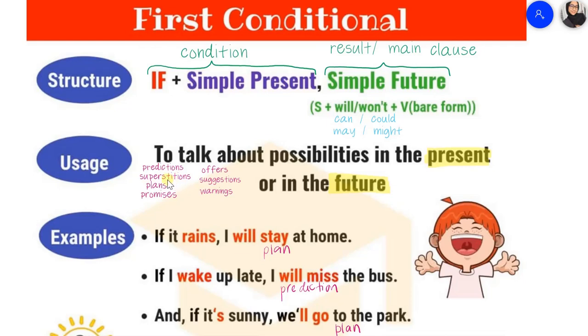Superstition ni macam ramalan. Macam kepercayaan. Kepercayaan yang karut-marut tu. Ataupun plans, promises, offers, suggestion, cadangan, and warning, amaran. Okay? So, zero conditional talks about things that are true. First conditional talks about possibilities in the present or in the future.